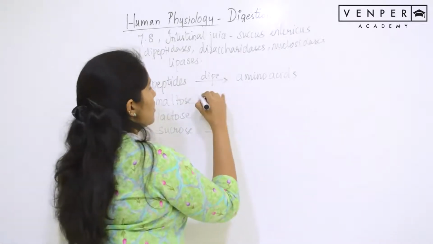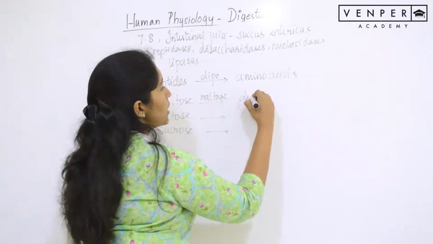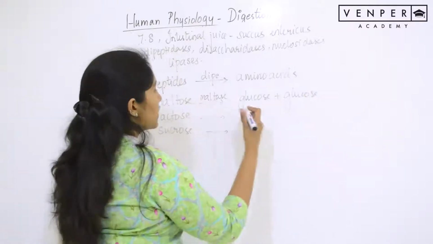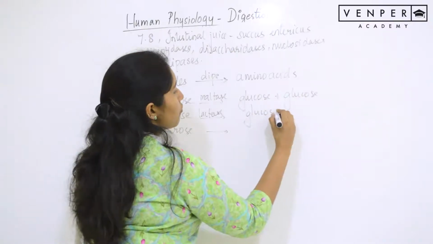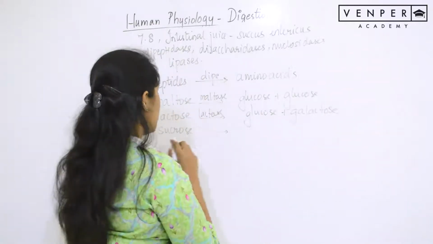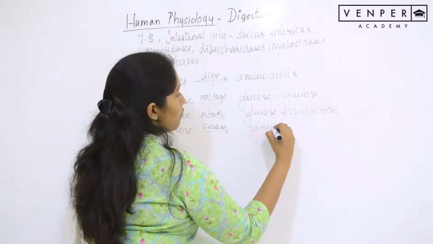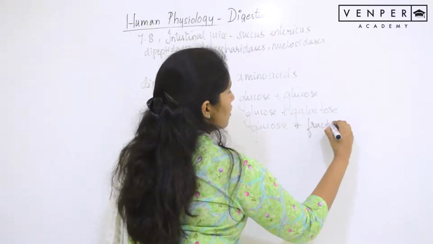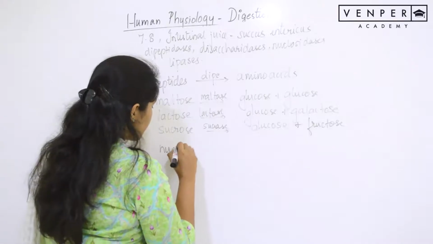So maltose will be acted upon by maltase, which is actually a combination of two glucose molecules. Lactose by lactase, which is a combination of glucose plus galactose, which is the milk sugar, and you have sucrose, which is digested by sucrase, that is made up of glucose and fructose.